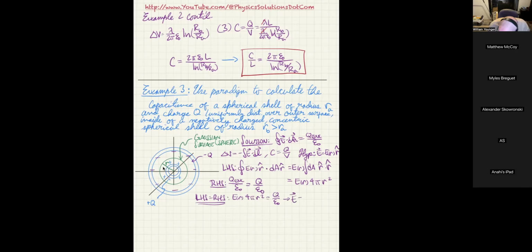That implies E is equal to Q over 4 pi epsilon naught r squared times r hat. So there's our electric field.